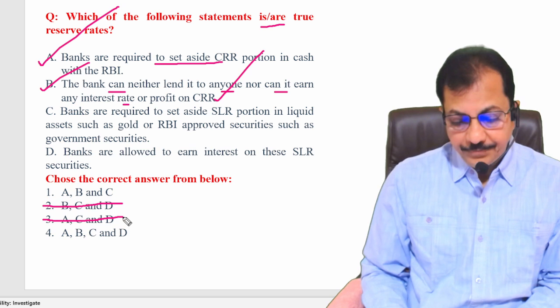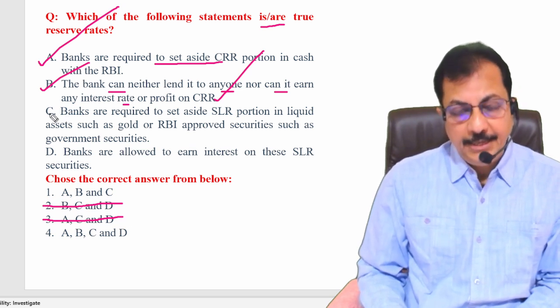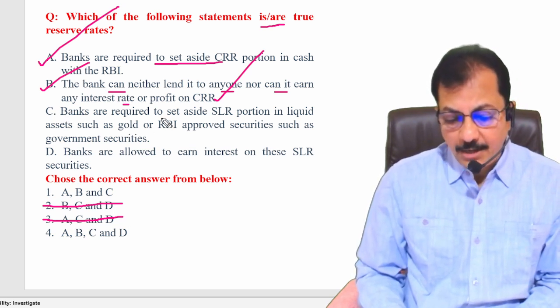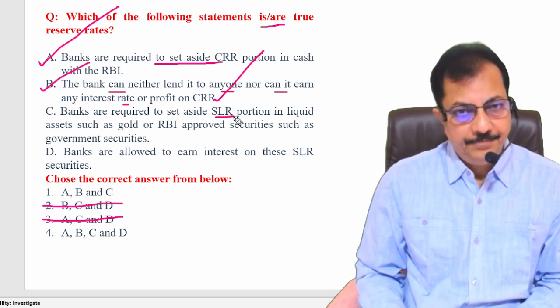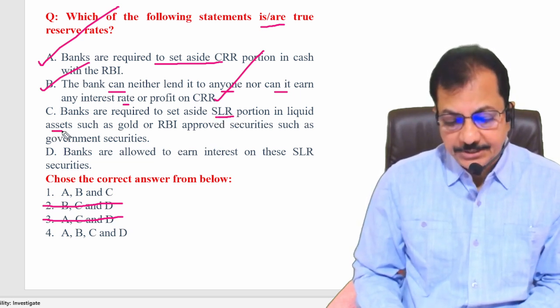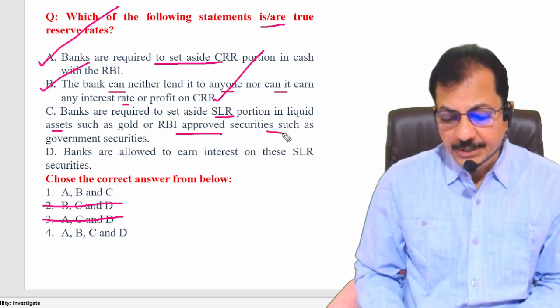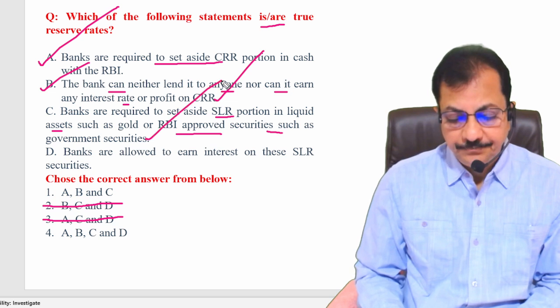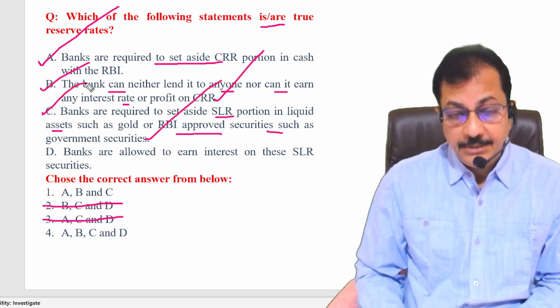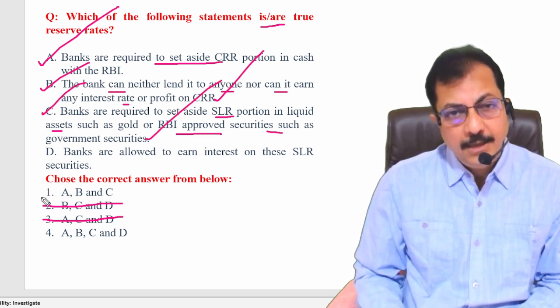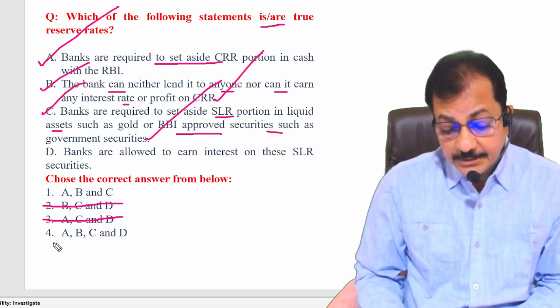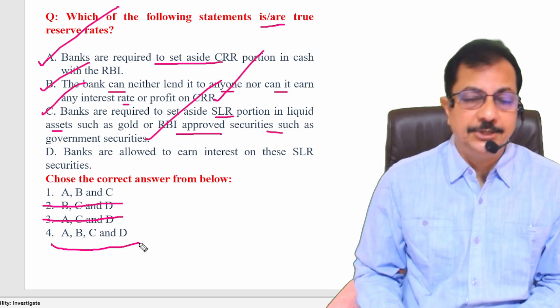Right? So when it comes to C, banks are required to set aside the SLR portion in liquid assets such as gold or RBI approved securities, such as government securities. C is also correct. Is that okay? Can I say option 1 is my answer? No, because this may also be correct.